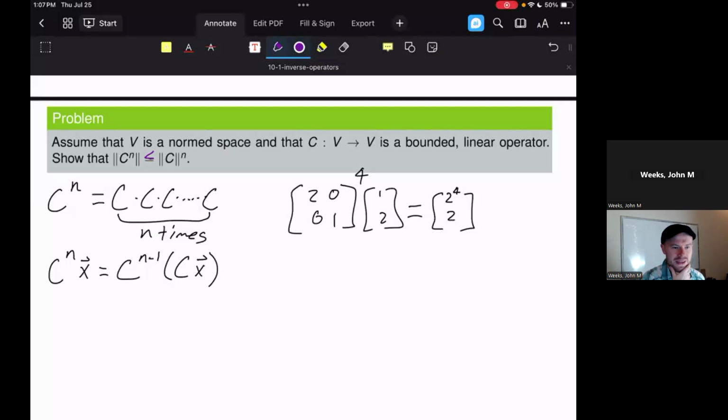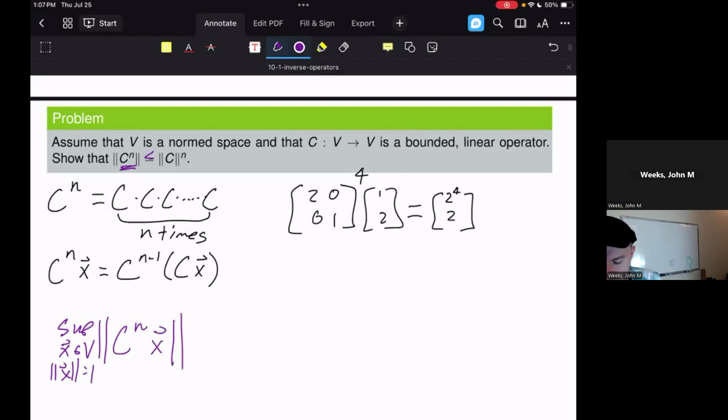But let's start here with this sort of understanding of why this is a less than or equal to. Why is it that the norm of C to the n, thinking about what this norm is, is the supremum over all vectors x inside of our vector space such that the norm of the vector x is equal to 1 of the norm of C to the n times the vector x.